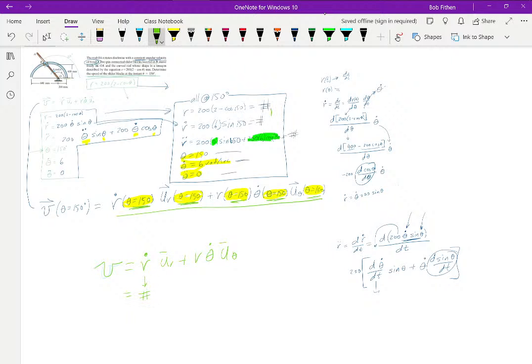You can just list them as number 1, 2, 3. So this would be the number 2, the one that was r dot, u r, plus r, which would be the number 1 up there, and then theta dot, which is just 6, which is given to us, u theta. Essentially, you just put in this number, multiply these two, and you've got your answer.